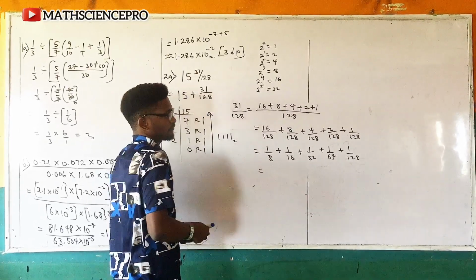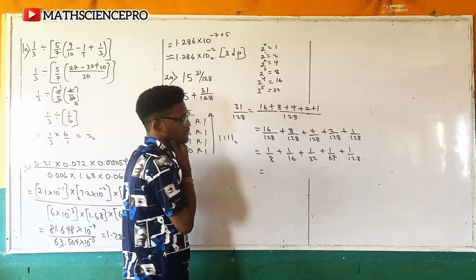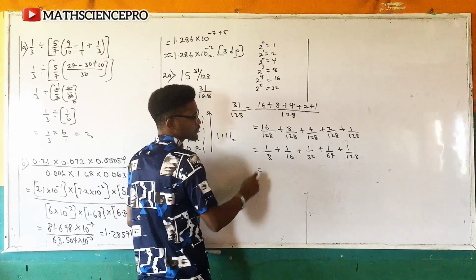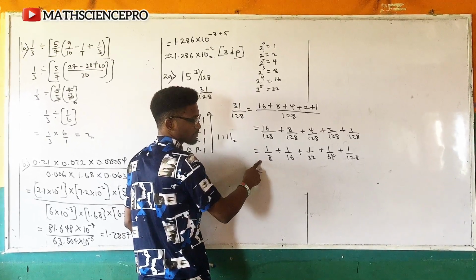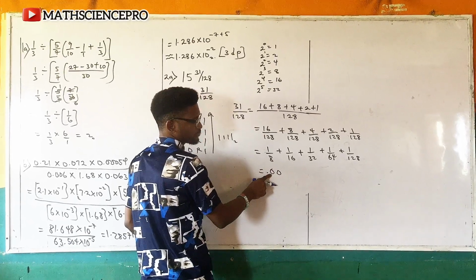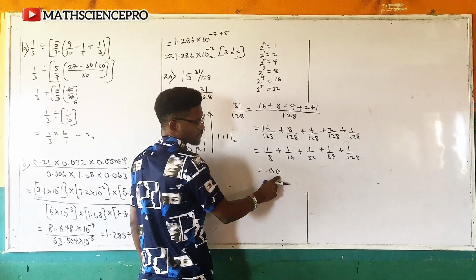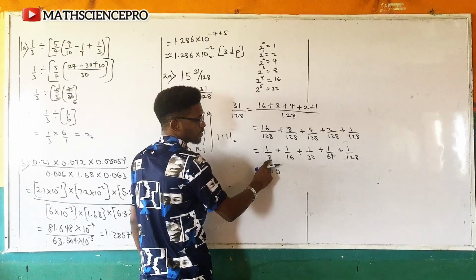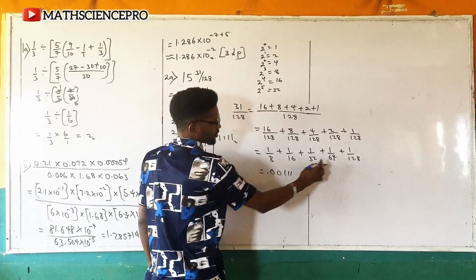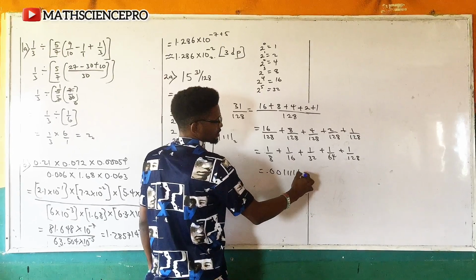I have taken my time to explain this in one of the classes, so I don't want to go over that again. Because denominator 2 is absent, denominator 4 is absent, I have 0, 0. The first one means denominator 2 is absent, the second means denominator 4 is absent. 8 is present, I have 1, 16 is there, I have 1, 32 is there, I have 1, 64 is there, I have 1, 128, I have 1.